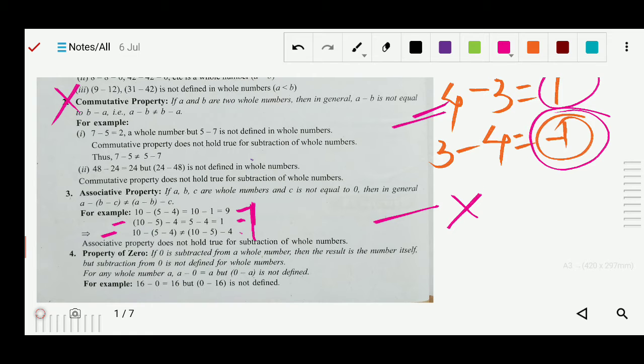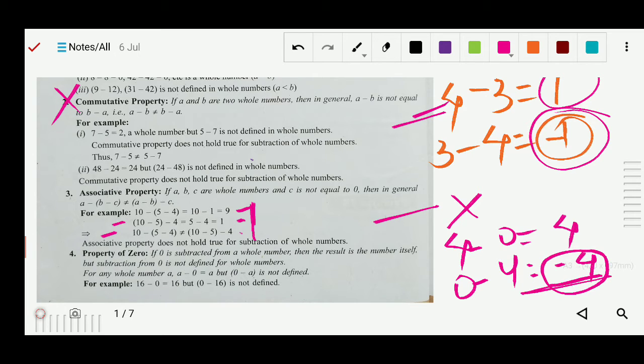Next is the property of 0. Suppose I write 4 minus 0. The answer will be 4. Can we write 0 minus 4 equals 4? No, its answer will be minus 4, and minus 4 is not defined in the whole numbers, because whole numbers start only from 0, not from minus 1, minus 2 or so on. So this property is again not followed.